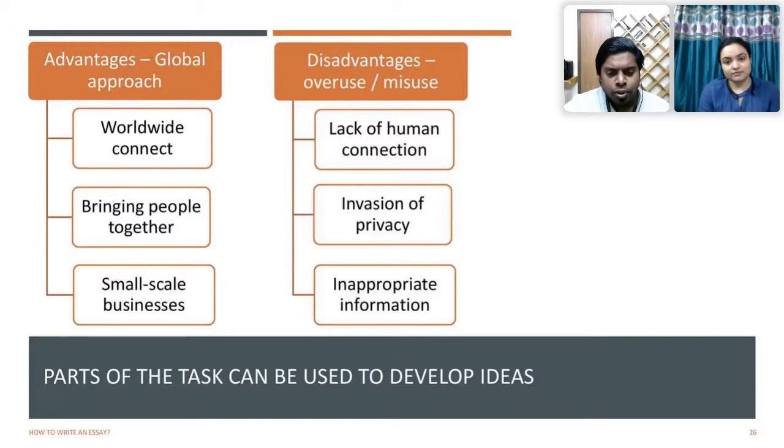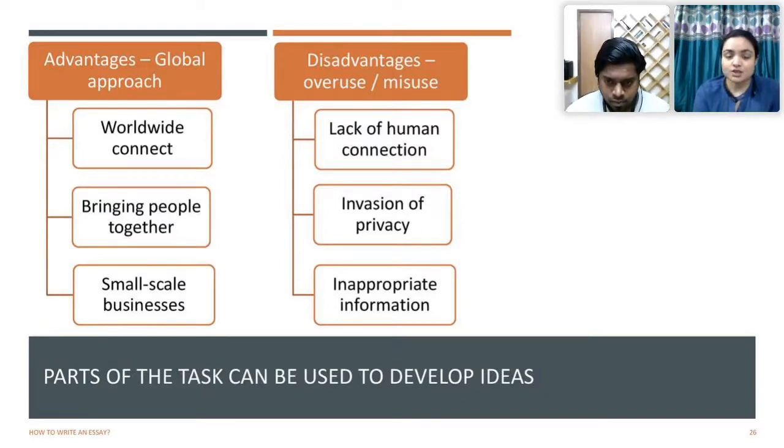So again, overuse or misuse is the main idea, and it is supported by the other ideas listed here, such as lack of human connection, invasion of privacy, and inappropriate information. They will talk either about overusing social media or misusing social media, supporting the main idea. Very good. And that's what it is. You've basically talked about every important point to be discussed here.